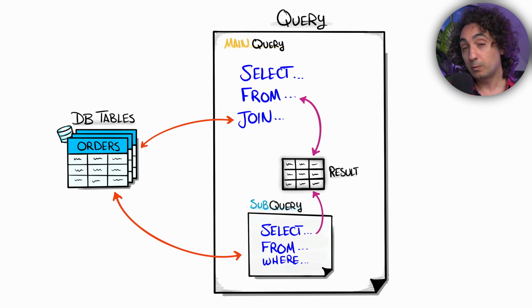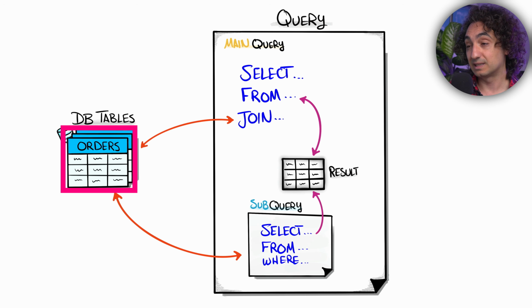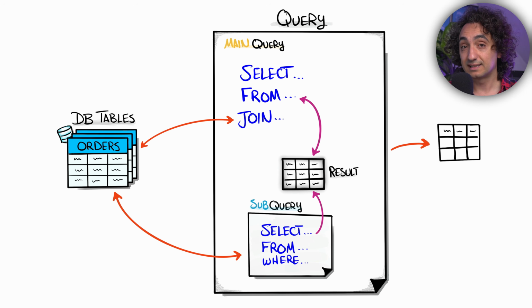So now the main query has two sources for data, the original database tables and as well the result from another query. So by looking at this, you can see the subquery is a query inside the main query, and it plays the role of a supporter. So it supports the main query with data, and the main job of the main query is of course to get all those data and to show us at the end the final results.